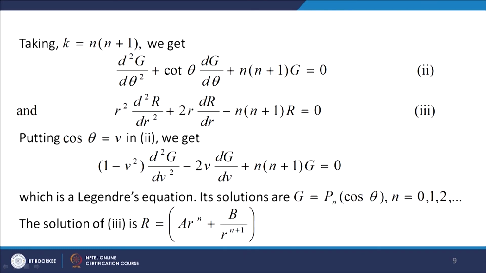So, 1 minus V square d square g over dV square minus 2V dg by dV plus n into n plus 1 g equal to 0, which is the Legendre equation. Its solutions are the Legendre polynomials P n cos theta where n takes value 0, 1, 2 and so on.